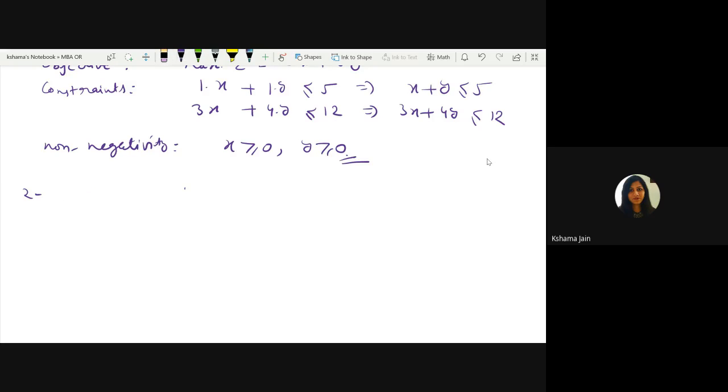We will assume area, ma'am. Exactly. Perfect. Let the area used for wheat be X, and the area used for barley will be Y. Okay. Now we'll start one by one.